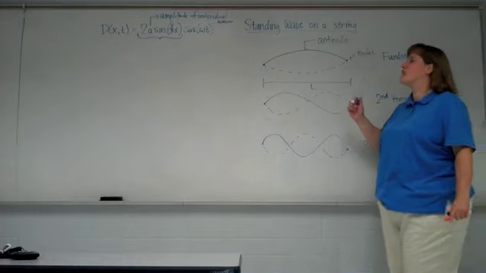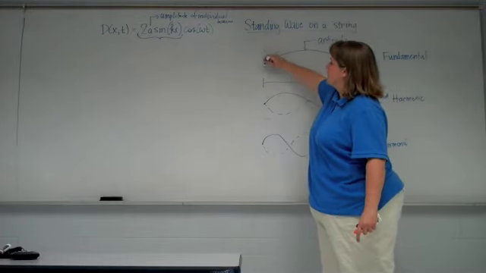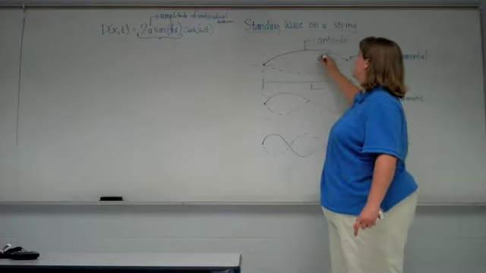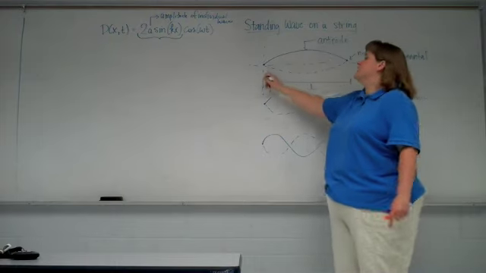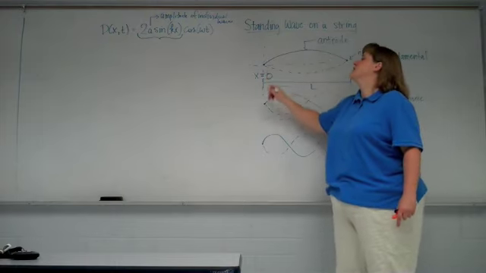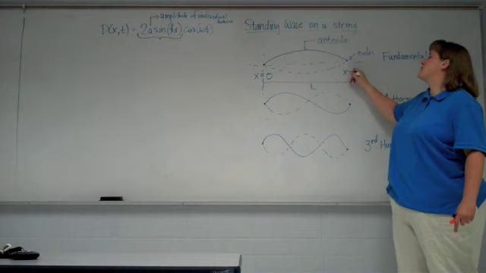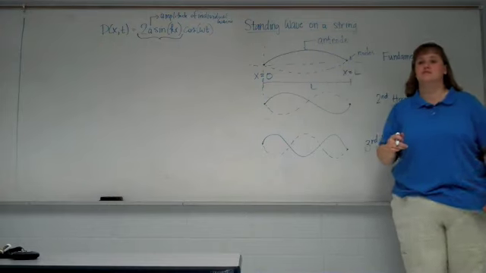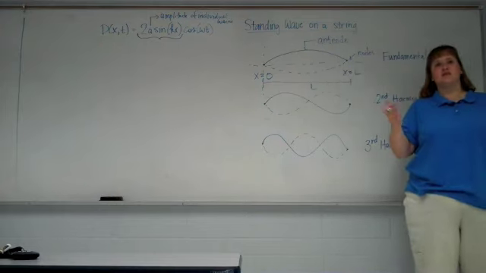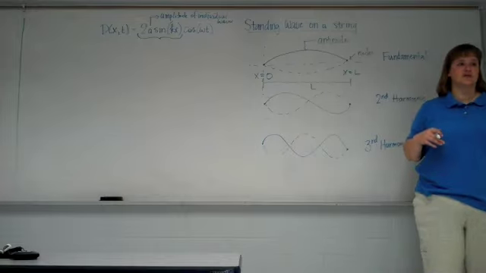So if we consider a coordinate system, y-axis there, the x-axis here, this would be x equals 0. This end would be x equals L, because the string is L long, L being however long the string happens to be.